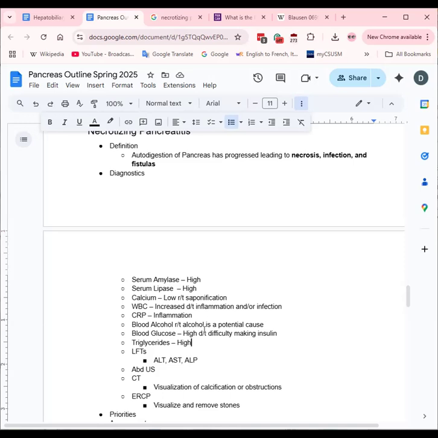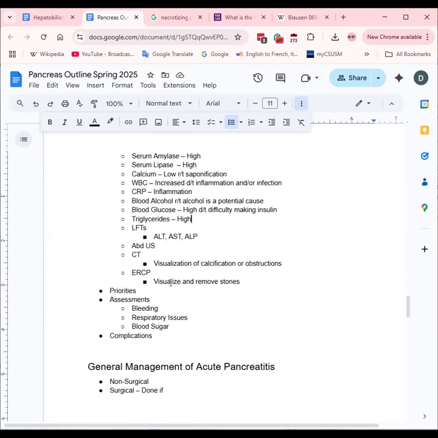This inflammation, just like the liver, is something you can assess through ultrasound, CT. ERCP is due to gallstones. So if this is due to your gallstones obstructing, then this can lead to you doing an ERCP in order to remove the stone that's causing it. So all of these things play a part in it.